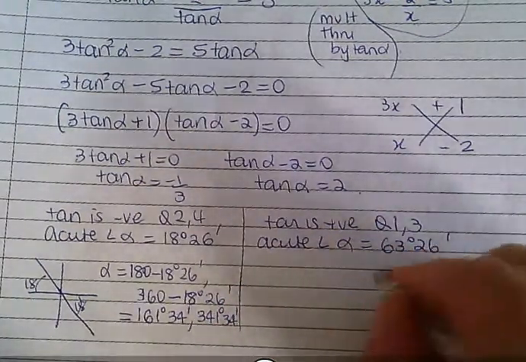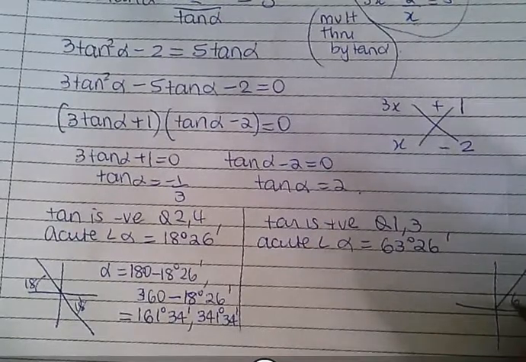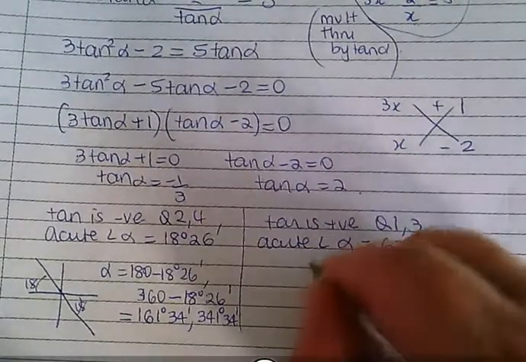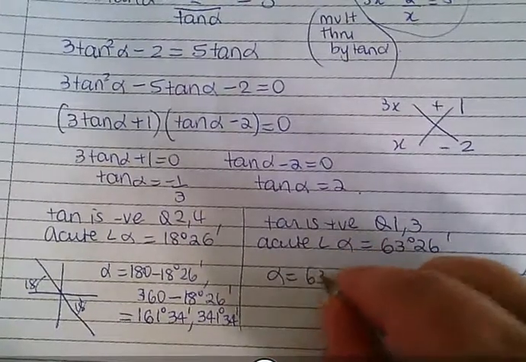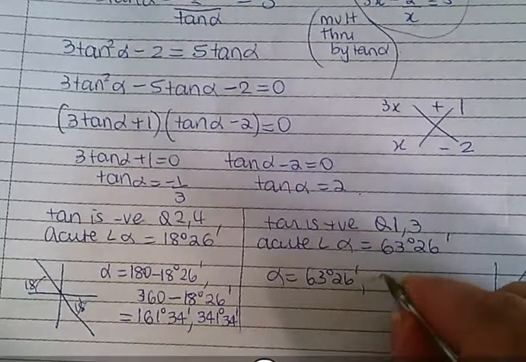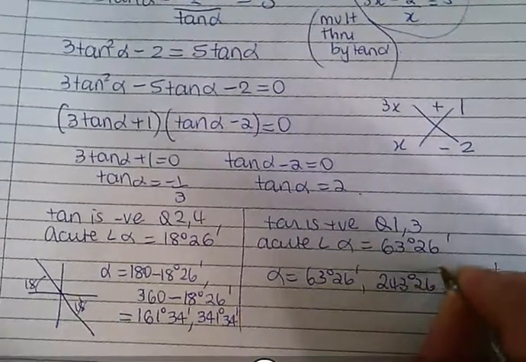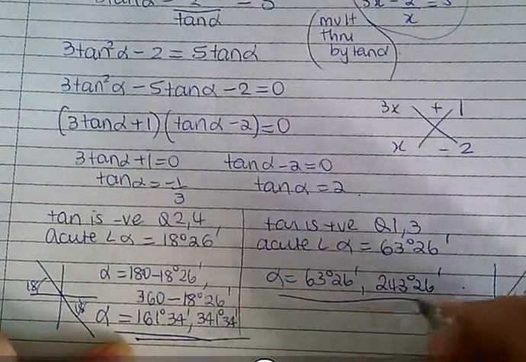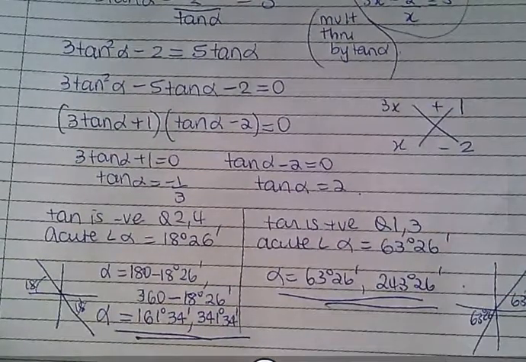And this one is quadrants 1 and 3, quadrant 1, quadrant 3. So alpha is 63 degrees 26 minutes and 180 plus 63, 243 degrees, 26 minutes. So there's your 4 solutions. 1, 2, 3, 4. Okay, that's it.